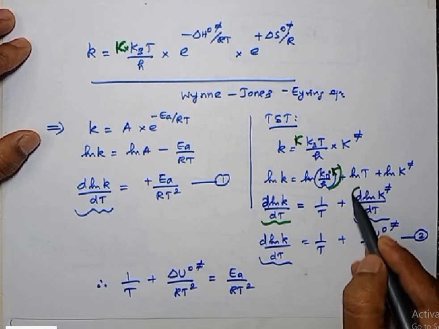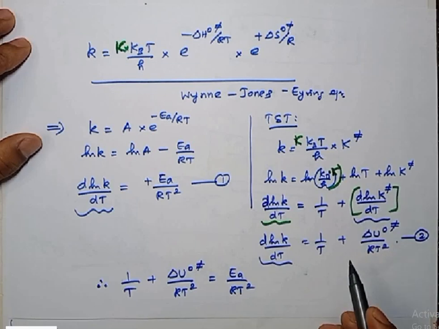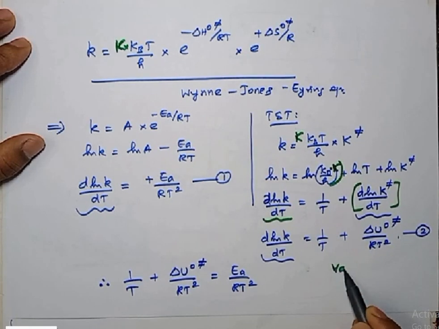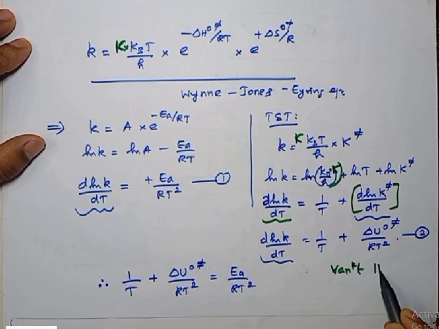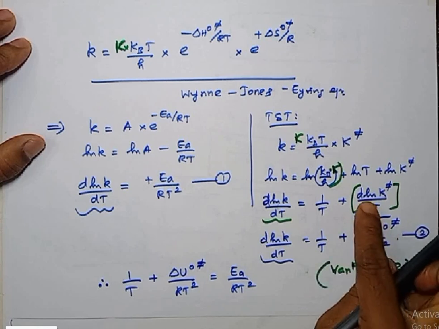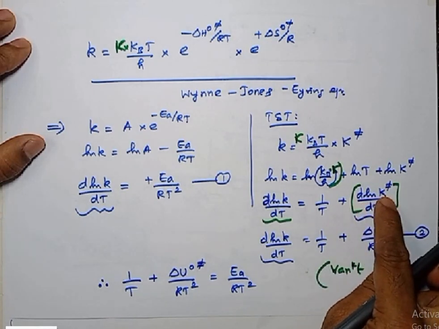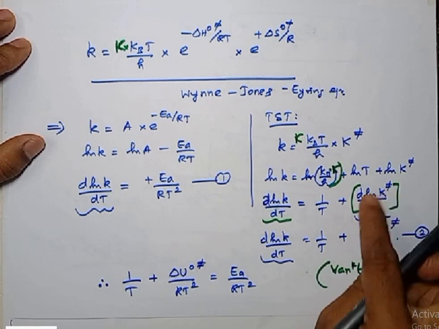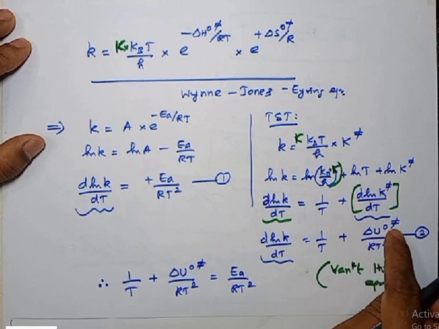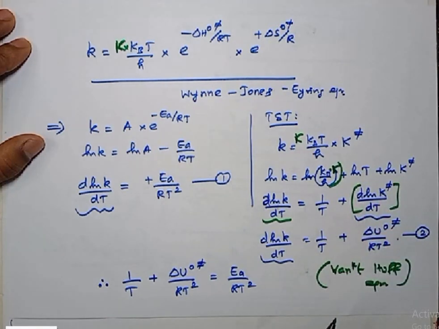According to the Van 't Hoff equation, we can write d ln K double dagger, the equilibrium constant, by dT as delta U naught double dagger by RT square.